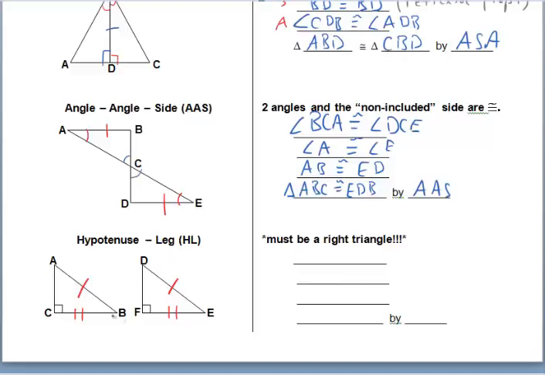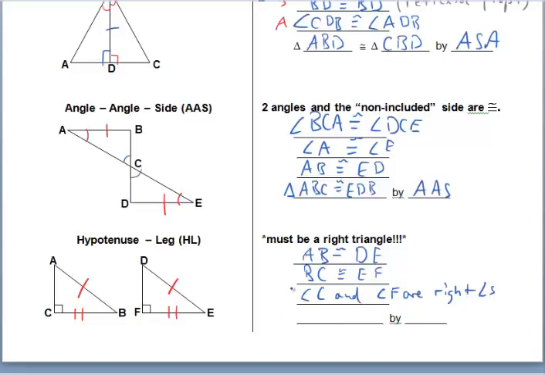Here I have my hypotenuse congruent, AB and DE, and then I've got a leg marked congruent, CB and FE. So since I have a hypotenuse leg congruent, I know this will be the HL. So AB is congruent to DE, and then I've got side BC is congruent to side EF, and lastly, yes, I have right angles, so angle C and angle F are right angles.